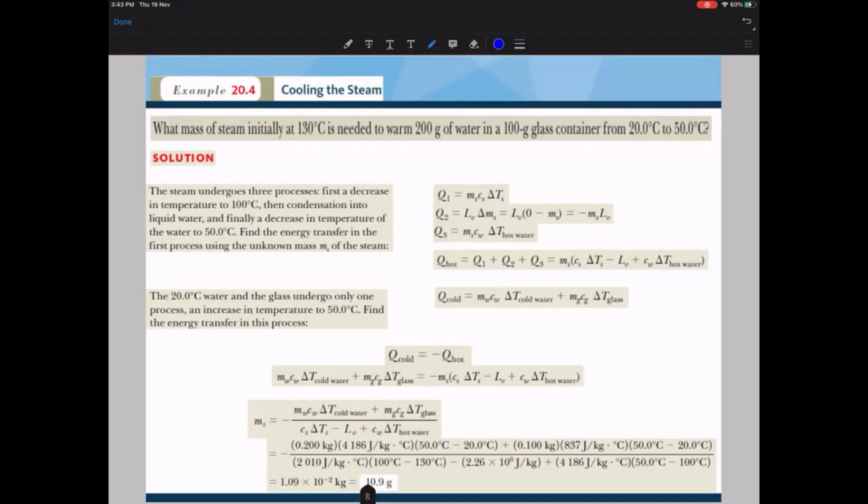Cooling the steam from 130 degrees C to 100 degrees C involves some energy, which can be used for heating up the water and the glass. And also the condensation of steam into water at 100 degrees C involves latent heat.